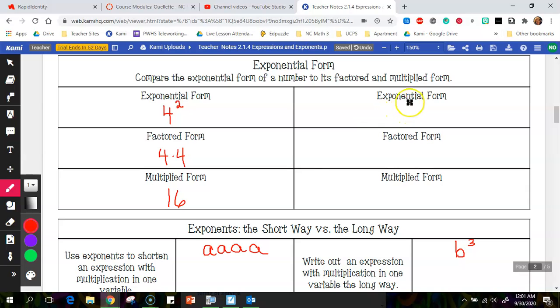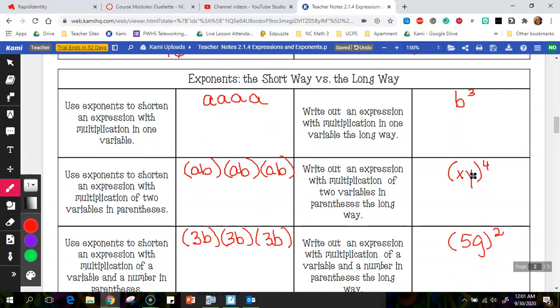Exponential form of, let's say, 7 to the 3rd power. The factored form would be where it's written out times itself. And then the multiplied form, when you multiply it all together, 7 times 7 times 7 is 343. So those are the difference in those terms.